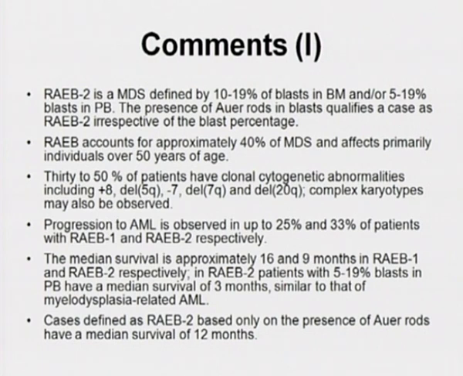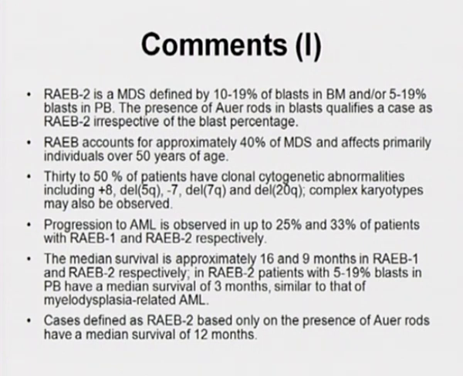RAEB accounts for about 40% of MDS and affects primarily individuals over 50 years of age. 30 to 50% of patients have clonal cytogenetic abnormalities: trisomy 8, deletion 5q, monosomy 7, deletion 7, deletion 20q. But some more complex karyotypes may also be observed.